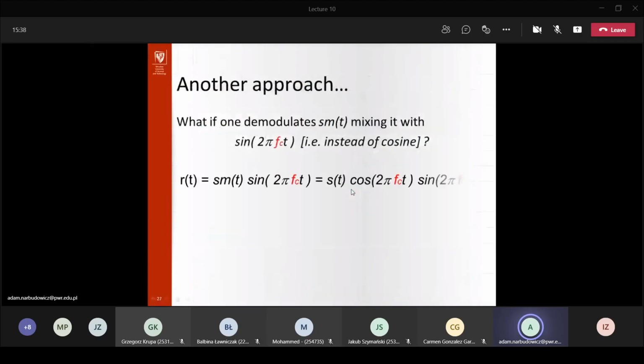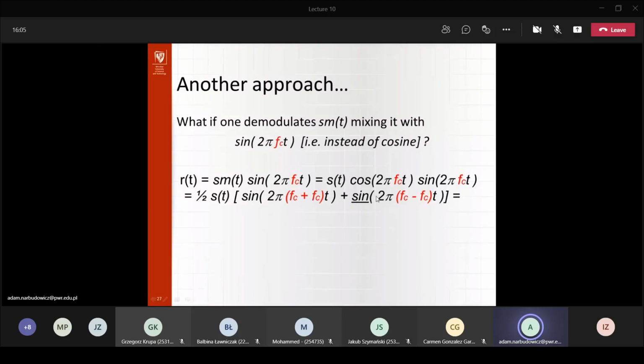Here again, same story, multiply everything. Instead of cosine, we use the sine function, and we end up with the sum of two sine functions. We have our component, which is double the carrier frequency, and it's sine, but it's still there.